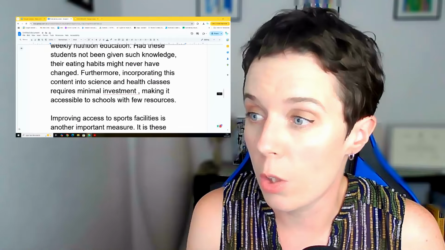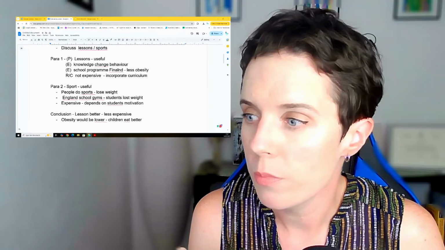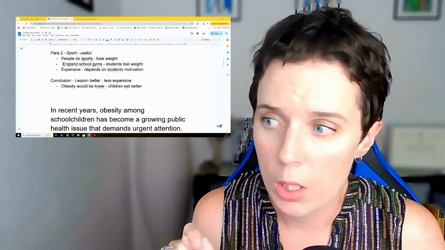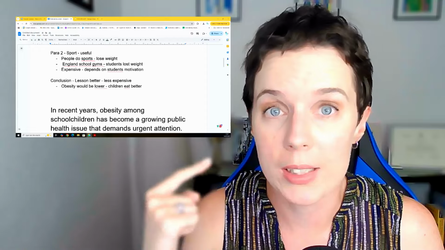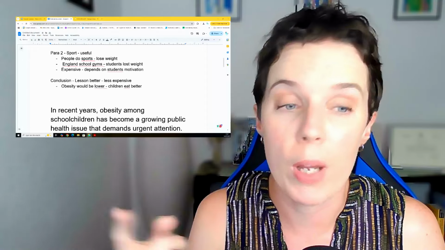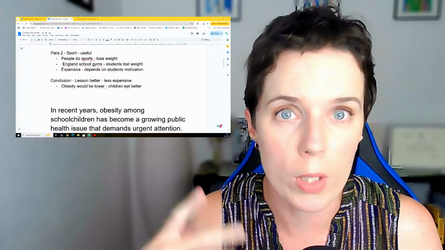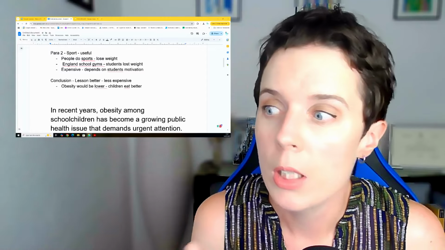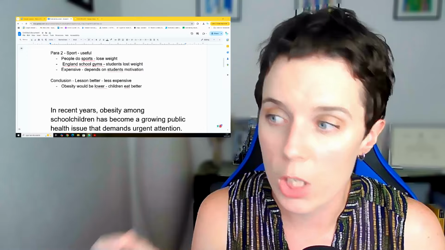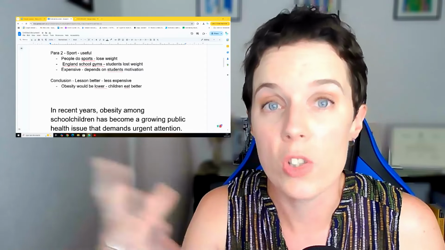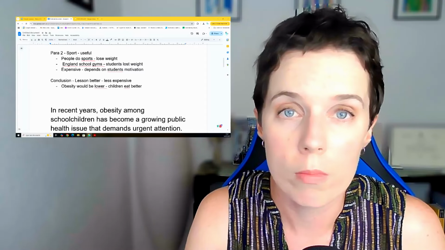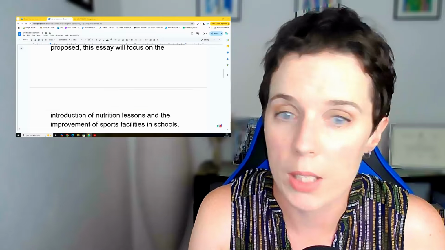Right, so conclusion. My conclusion was lessons are better because they're less expensive and they depend less on student motivation as well because they're in the lessons anyway. And then I needed to make a prediction, which would be that obesity would be lower if children had lessons because they would eat better.